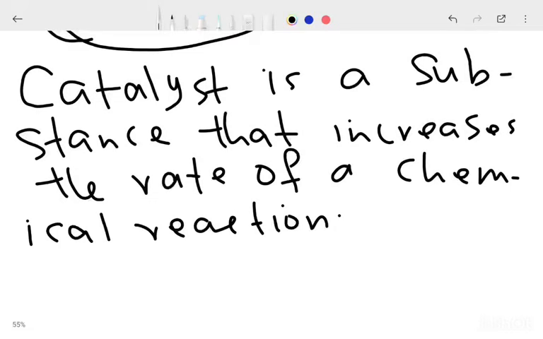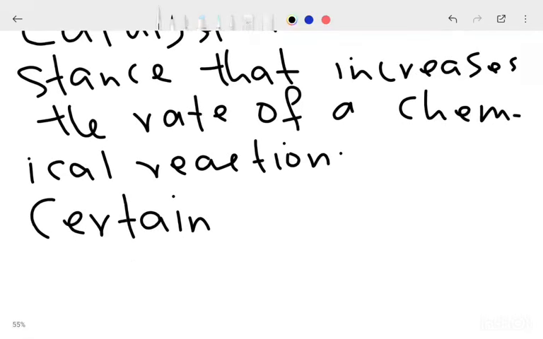Now, write this statement down, because in the exam they might use this statement to confuse you. So, write it down.